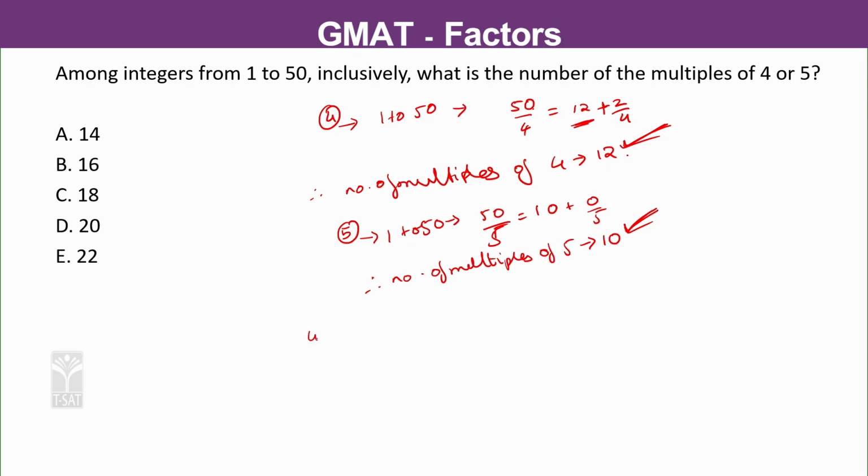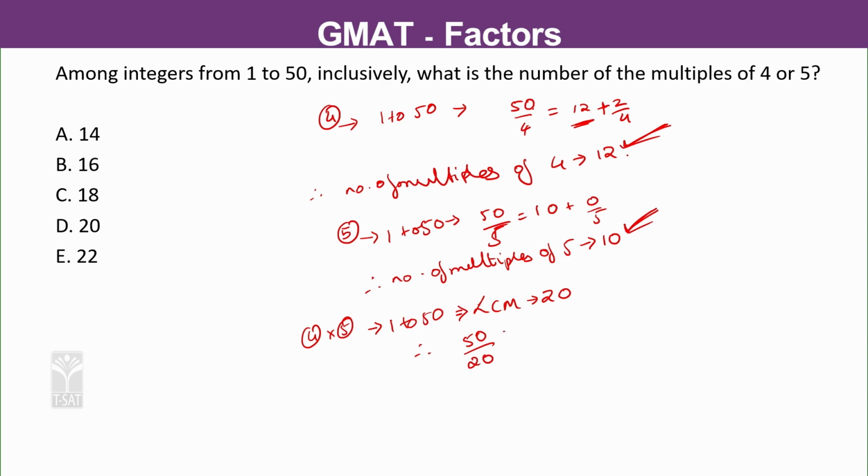So, for checking the multiples of both 4 and 5 from 1 to 50, first you will check the LCM of 4 and 5, which is 20. Therefore, you will divide 50 by the LCM, that is 20. If it is divisible by both 4 and 5, it is definitely divisible by the LCM, that is 20.